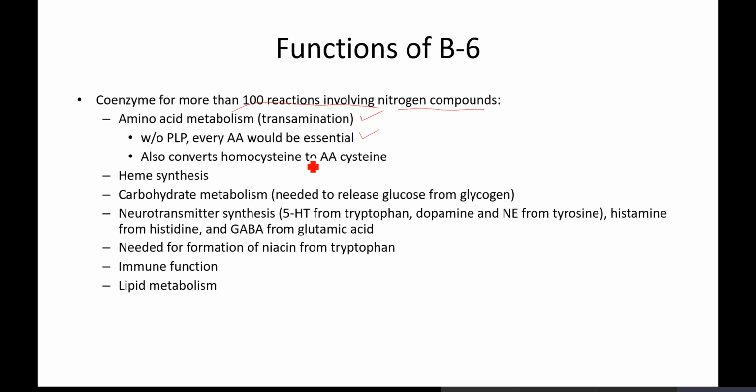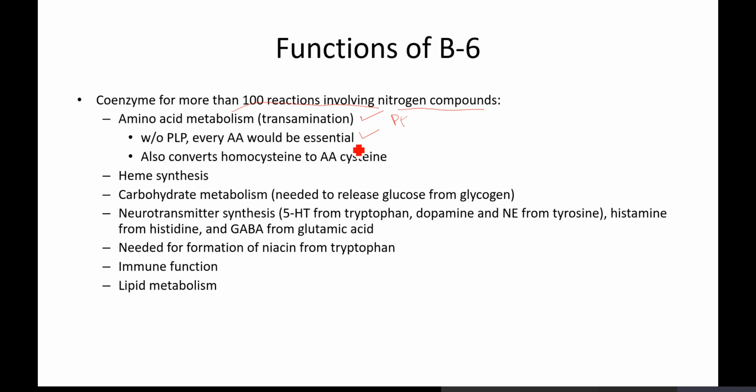For example, in the transamination reaction, pyridoxal phosphate is involved via the transaminase enzyme, which converts amino acid to keto acid, and the keto acid then enters the citric acid cycle.